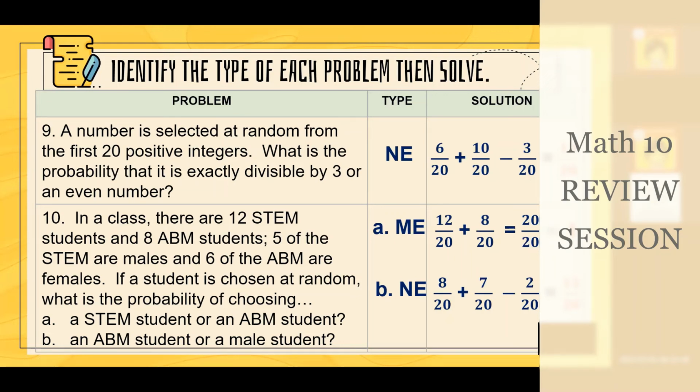We have 5 from the STEM plus 2 from ABM, there are 7 males in all. So that's why 7 over 20, minus 2 over 20. Why 2? Because there are 2 students na male and at the same time ABM.